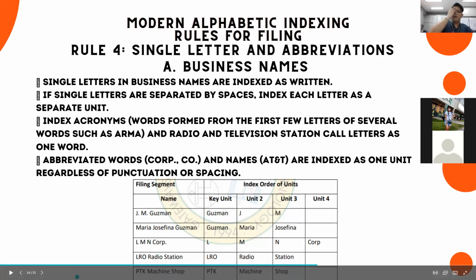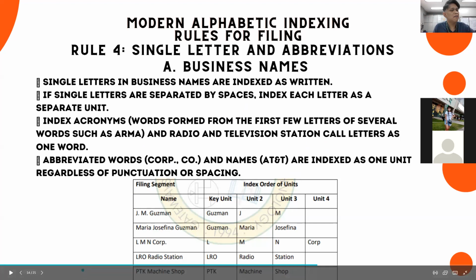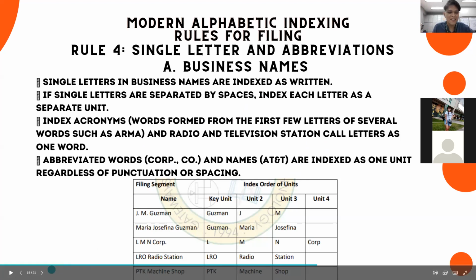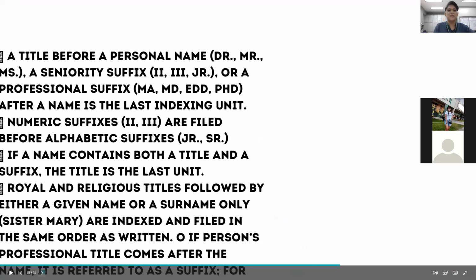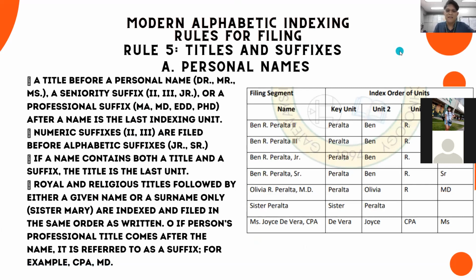At least you see the sample of how businesses file their documents. Next we go to rule number 5, titles and suffixes in personal names.